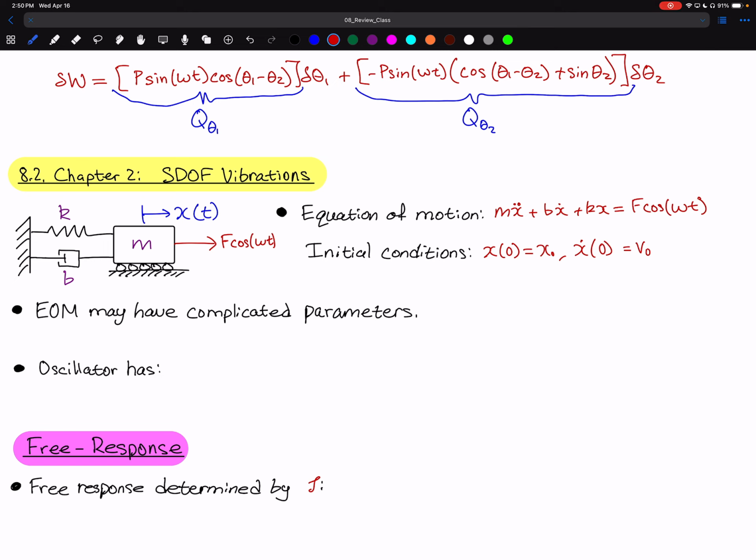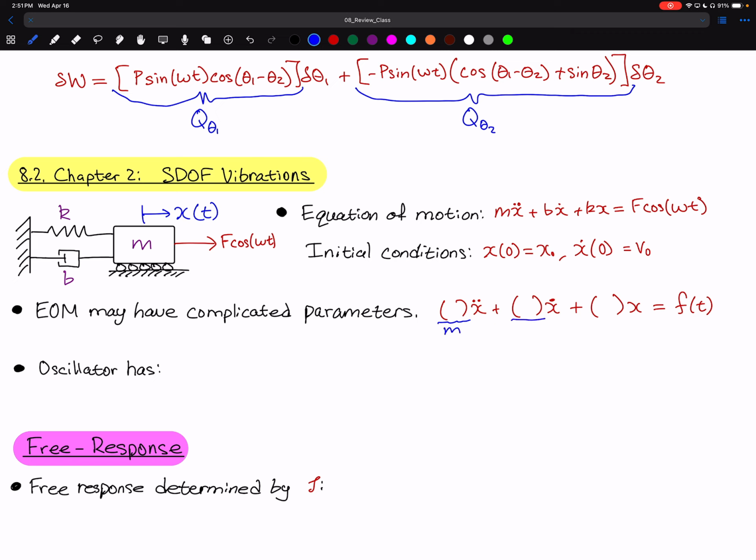In general, our equation of motion may have a complicated set of parameters. And so the general form of our equation of motion will have a bunch of stuff multiplied by x double dot, a bunch of stuff multiplied by x dot, and then a bunch of stuff multiplied by just x, equal to some force f of t, we'll say. Everything in front of the x double dot term is considered to be our mass.